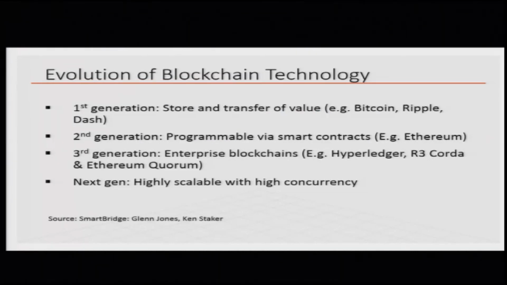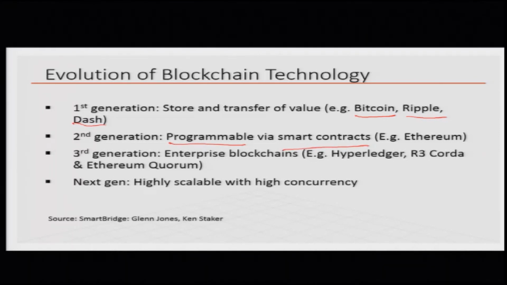So, we have been discussing this several times, but there is no harm in repeating that the first generation of blockchain, which basically means Bitcoin and similar cryptocurrency blockchains like Replication, Dashcoin, etc., is basically for storing and transferring of value. They had very limited ability to program the transactions, and that limitation kind of prompted the idea of Ethereum and similar second generation blockchain, which is programmable via smart contracts.